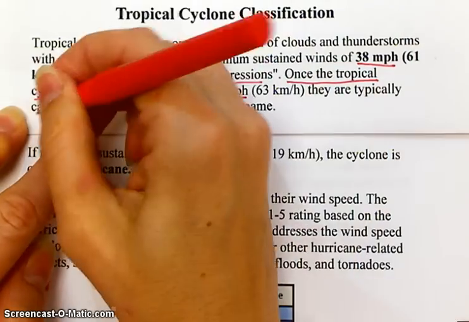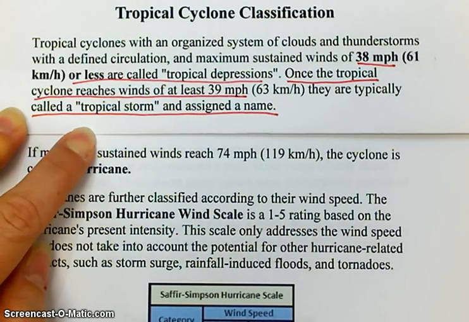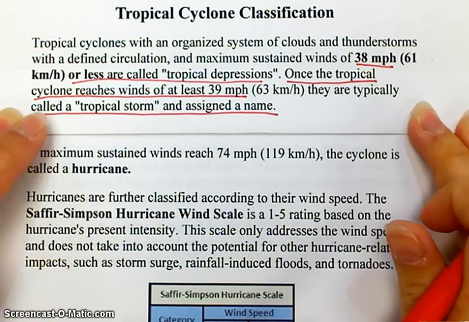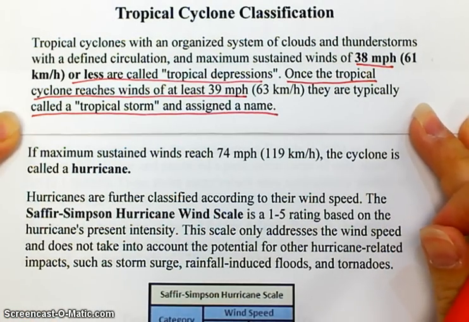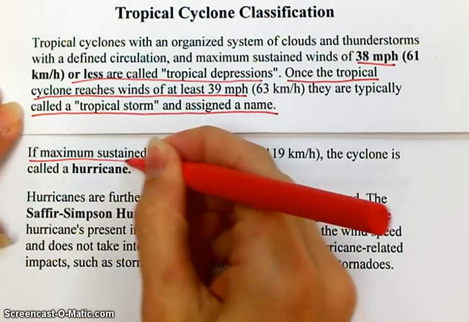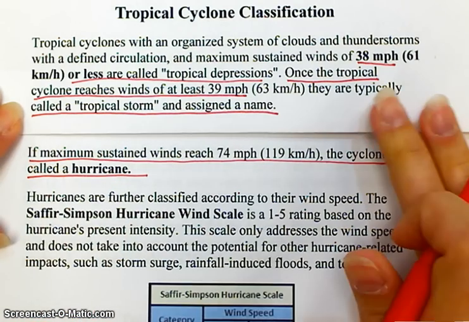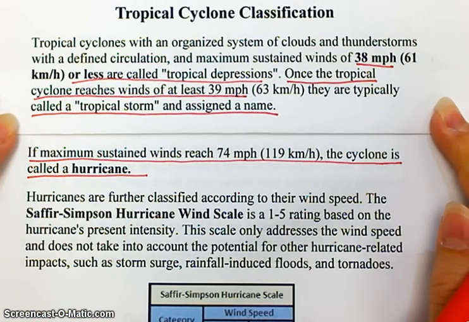Once they reach the tropical storm stage, they're upgraded to a storm and given a name. If maximum sustained winds reach 74 miles an hour, then the cyclone is upgraded to a hurricane. And remember, we call them hurricanes, but in other parts of the world they may be called typhoons or cyclones. But the ones that we pay attention to are the ones forming out in the Atlantic and the Caribbean, and those are going to be called hurricanes.